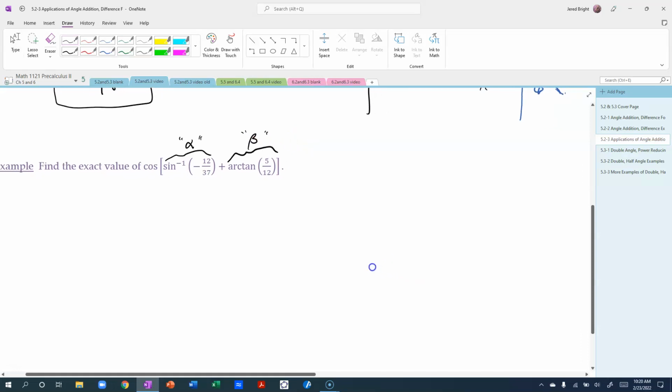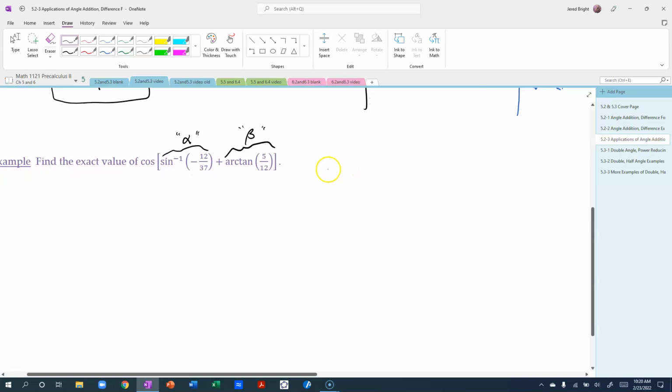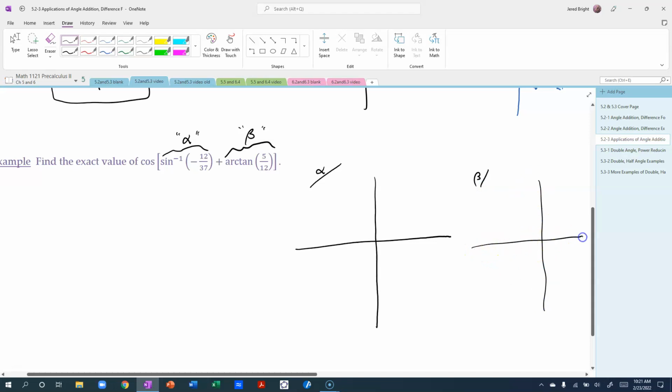The only caveat is that we're not given additional information to help us figure out the quadrants, but I think we have enough. So I'm just going to get grids started. Sine inverse, remember, is restricted to quadrants 1 and 4.